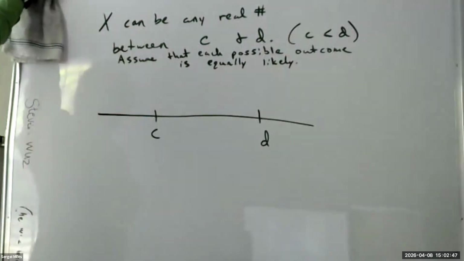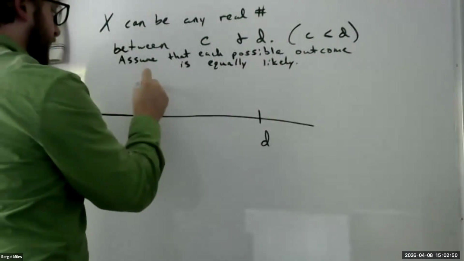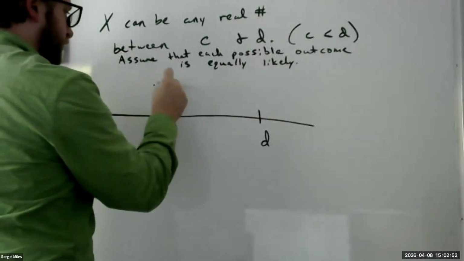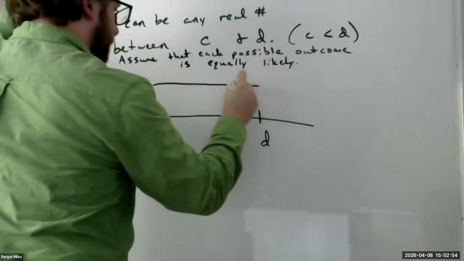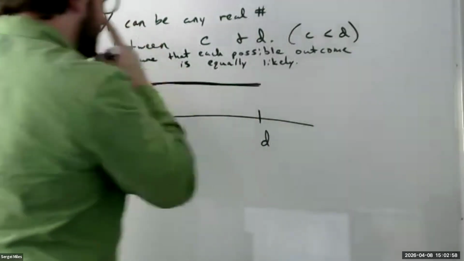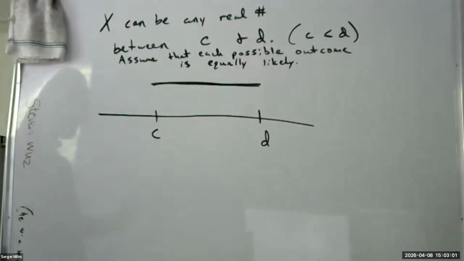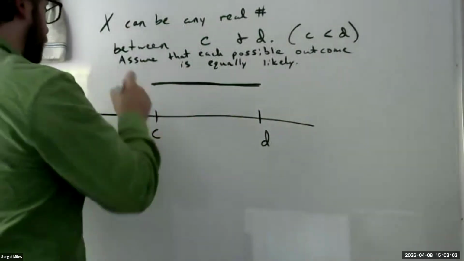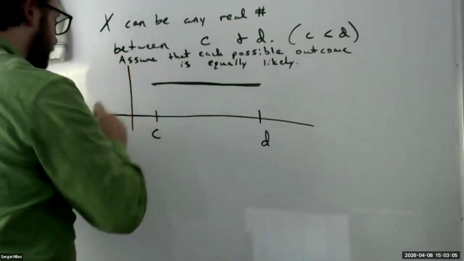In which case, its frequency, how common each of these possible answers is, has to be a straight line. If they're equally likely to happen, they all have the same relative frequency. And so we end up with this rectangle.